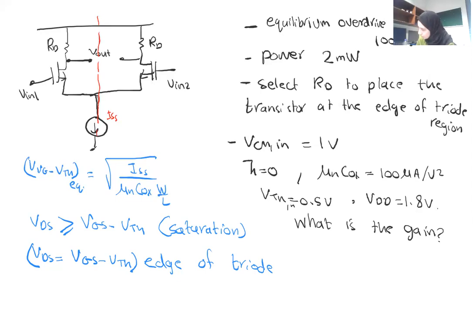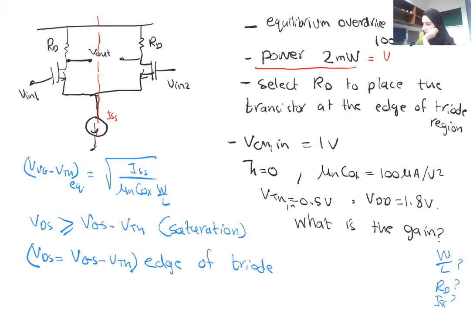Okay, so now what should we do? We need to find W over L, which is not known, RD is not known, ISS is not known. What we do is that we have the power consumption equal to what?